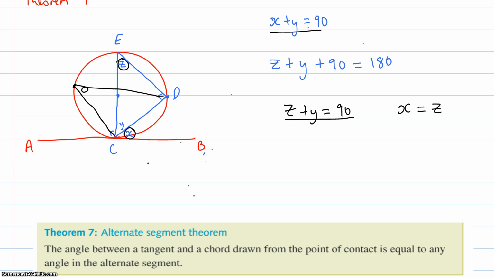So anytime we get a chord that connects to the point of contact over here, and then makes any triangle out in the alternate segment anywhere up here, we can say that this angle here is equal to that angle in there.